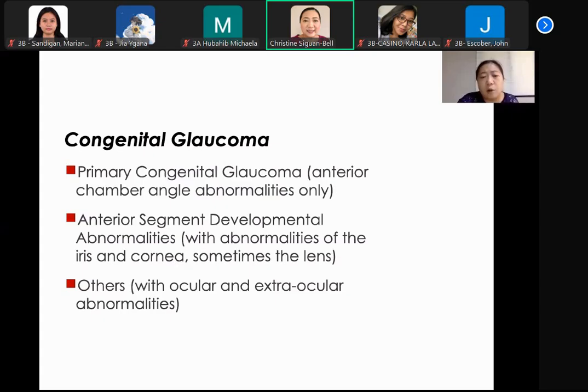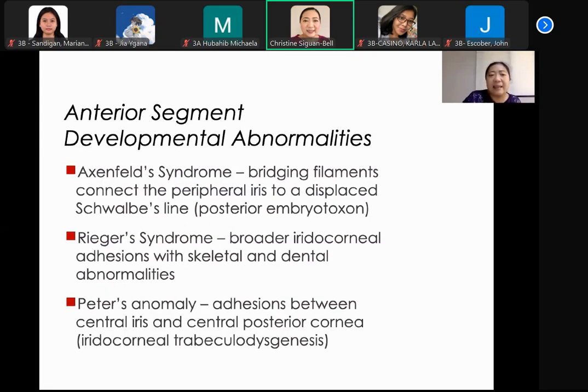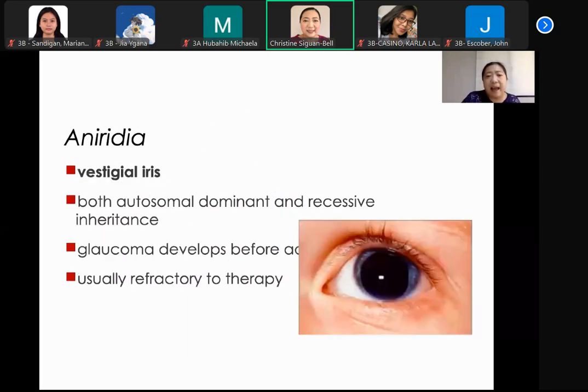So there are also other ocular and extraocular abnormalities. Examples of anterior segment developmental abnormalities are Axenfeld syndrome, Rieger syndrome, and Peters anomaly. Aniridia or a vestigial iris can also cause glaucoma because the iris stump might block the trabecular meshwork.